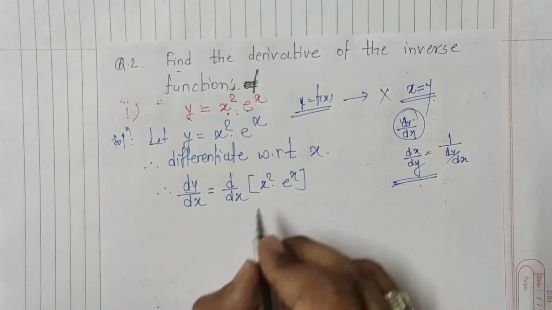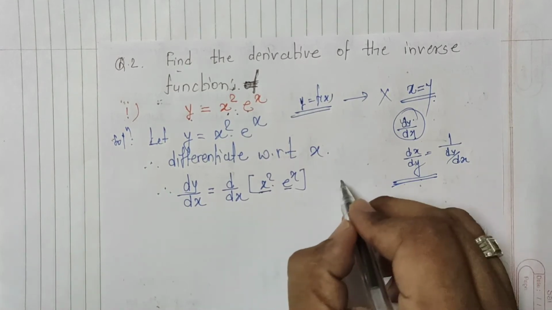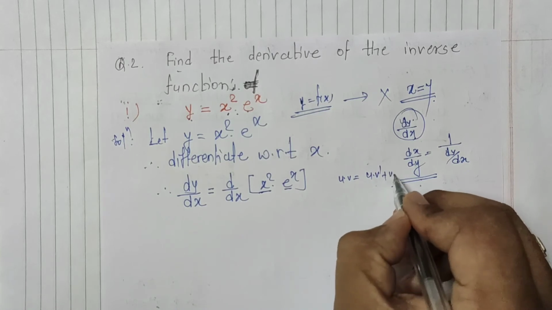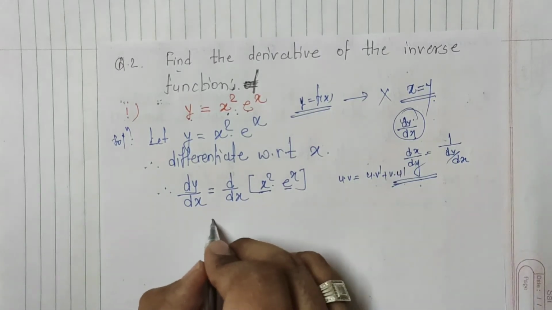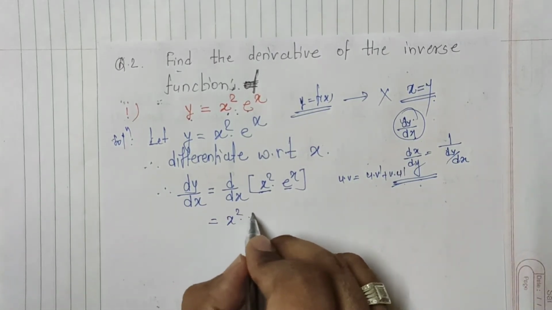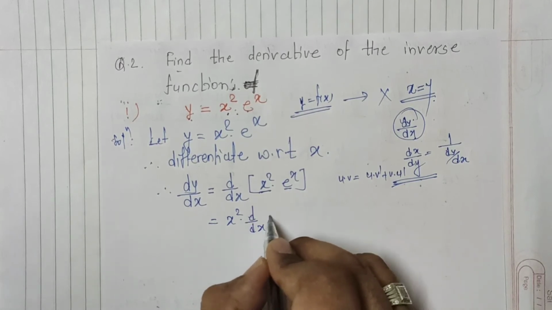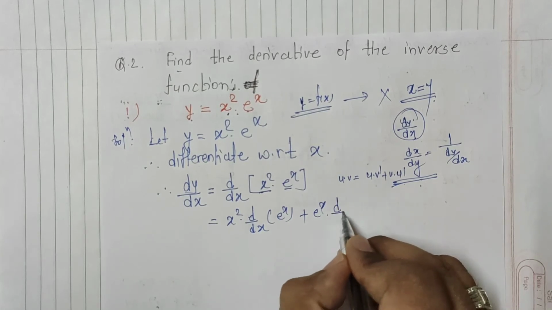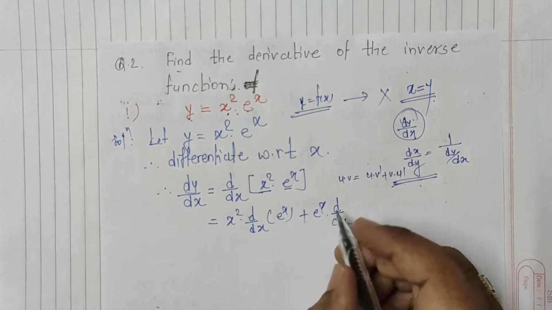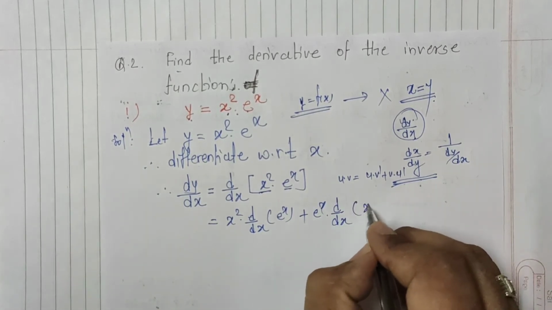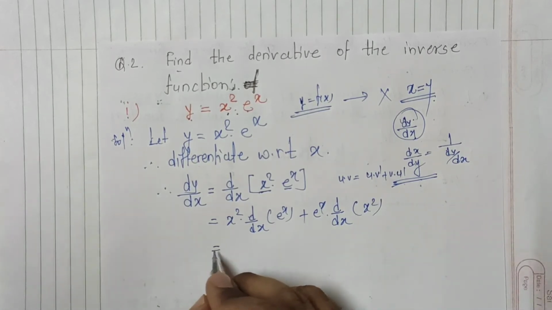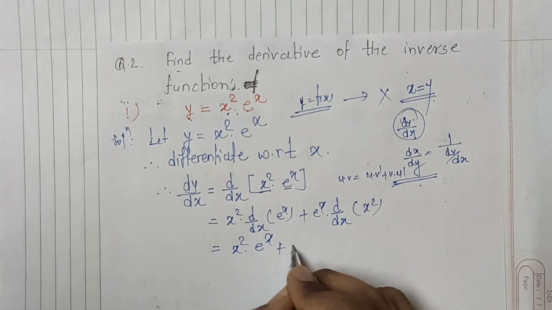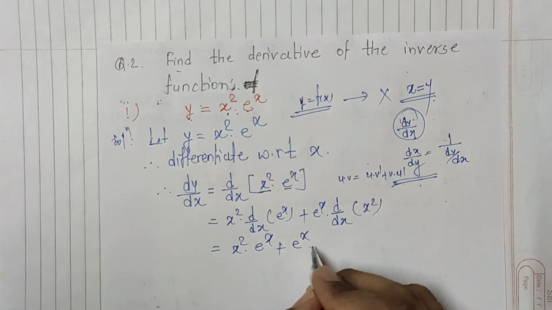Here it is in u into v form. U as it is, derivative of v, plus v as it is, derivative of u. So x square as it is, derivative of e raised to x is e raised to x, plus e raised to x as it is, derivative of x square is 2x.